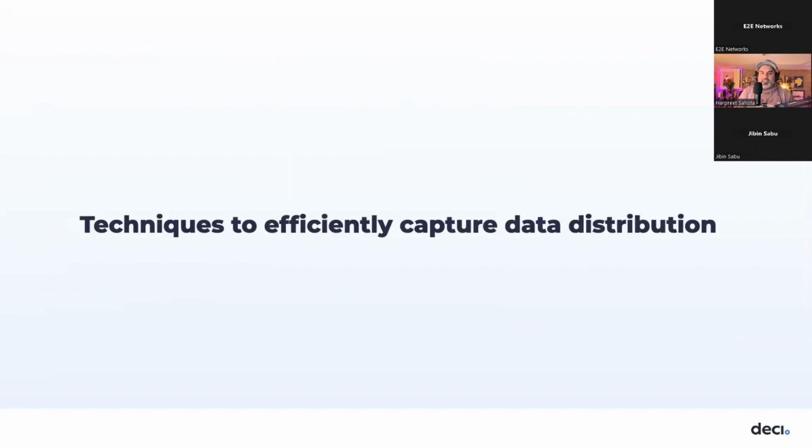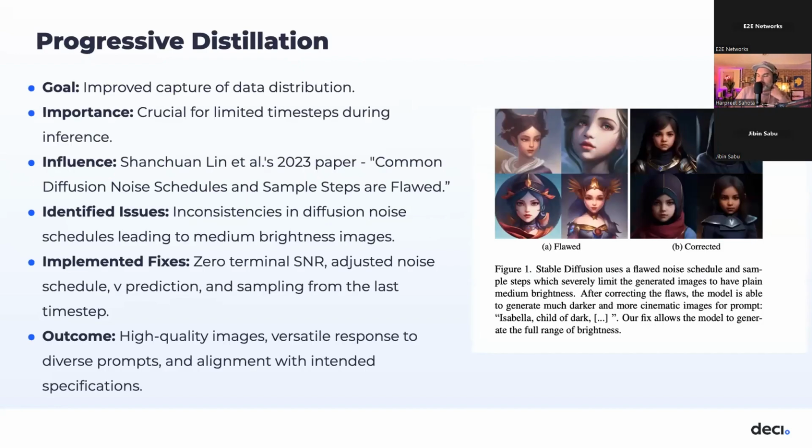So next, I want to talk about techniques that we use to capture the data distribution. One, progressive distillation. So training and inference procedures were optimized to capture the data distribution better.